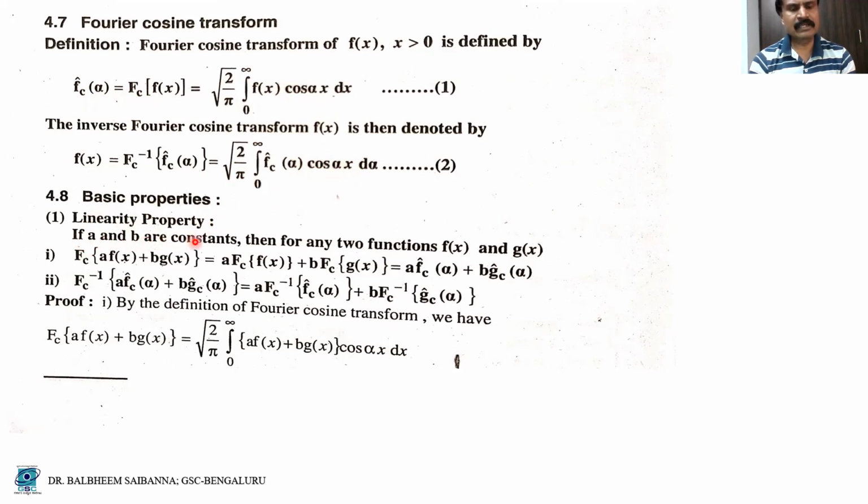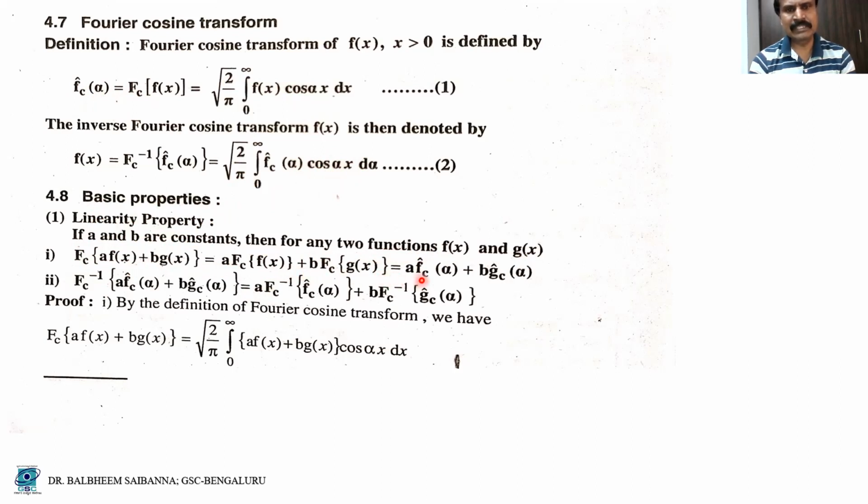If a and b are constants, then for any two functions f of x and g of x, first we have to prove that fc of a f of x plus b g of x is equal to a fc of f of x plus b fc of g of x.